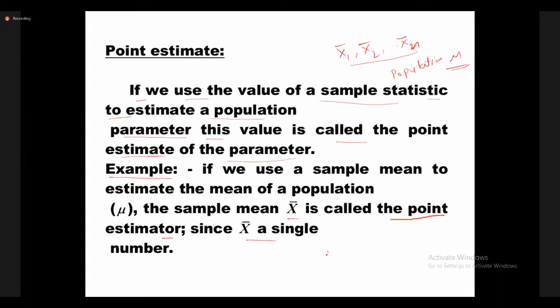By using that one, we are estimating the population parameter mu. By using random sample mean x bar, we are estimating the population mean.